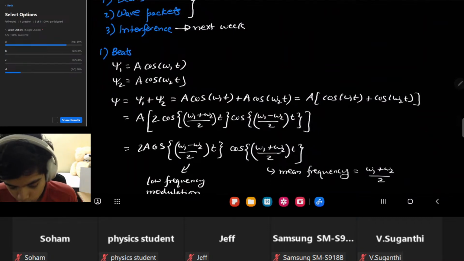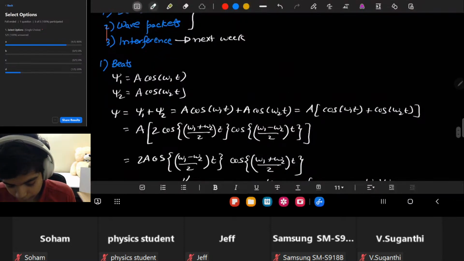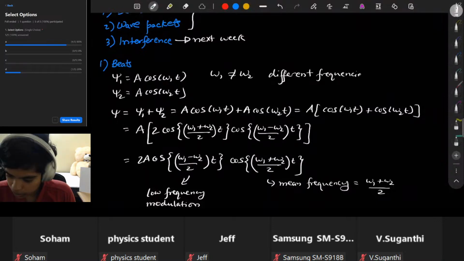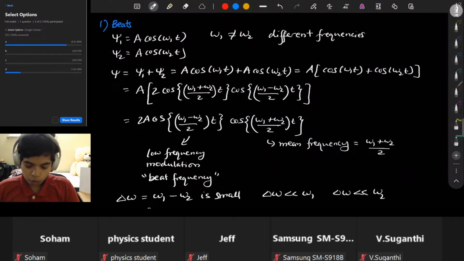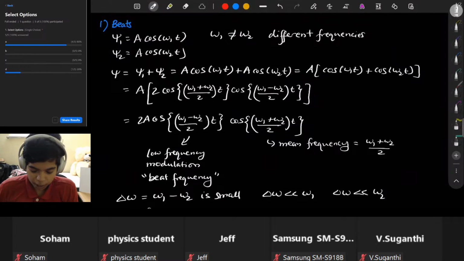So omega 1 is not equal to omega 2. So what we have is different frequencies. Whenever we added waves of different frequencies, we saw that the resultant was a product of cosine terms of two different frequencies.